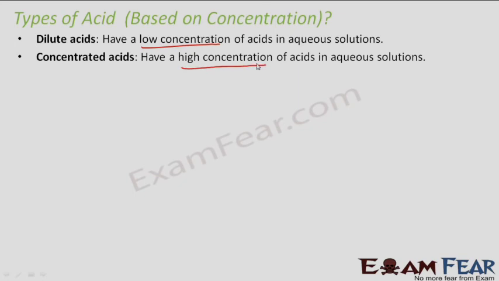So please note, if it is concentrated, it will react more; if it is dilute, it will react less. For the same acid, for example hydrochloric acid, if it is concentrated, it will react more and be more powerful. If it is dilute, it is a mild version of hydrochloric acid. It will react less. So the more dilute, the lesser the reaction power. So that's how it is.